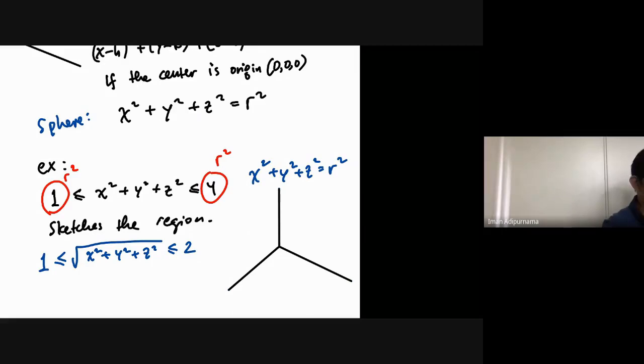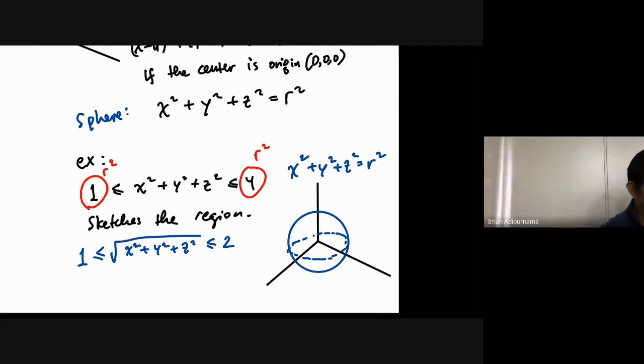And if you are sketching the curve or the surface or the solid, since its center is the origin, let me make a circle here to represent a sphere, maybe a circle like that. Okay.